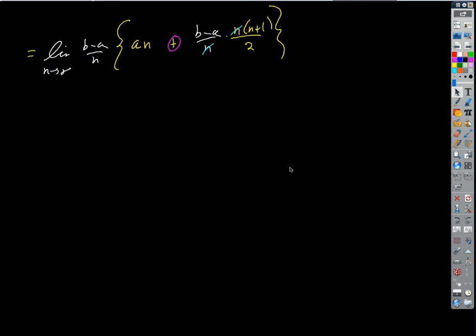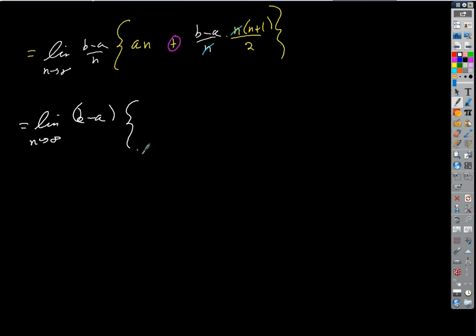Then what? Multiply the b minus a. Okay, I could do that. I'm gonna do one thing here that I think is gonna be helpful. I'm just gonna multiply the 1 over n through first, and we'll get to this other part. What's that gonna do?